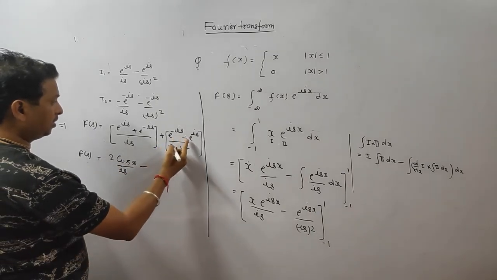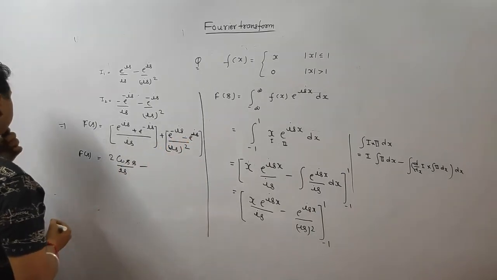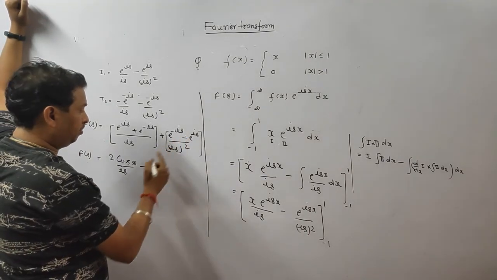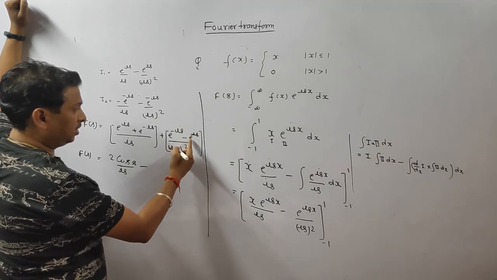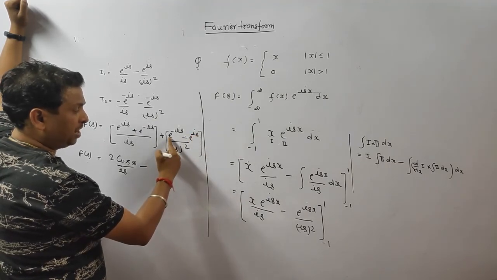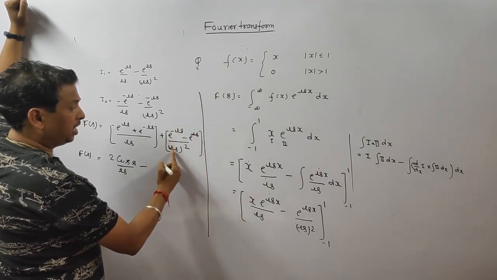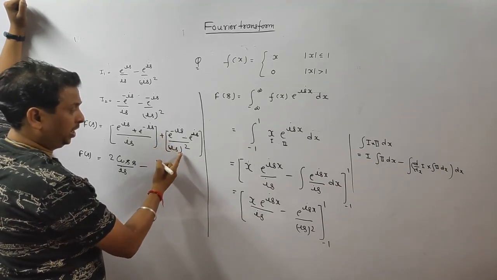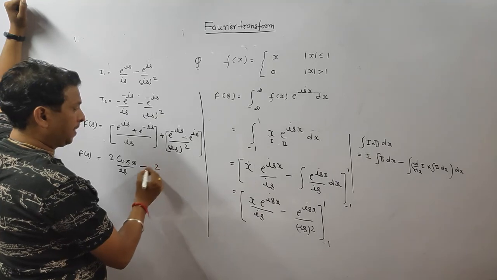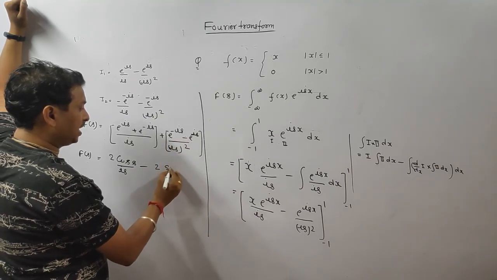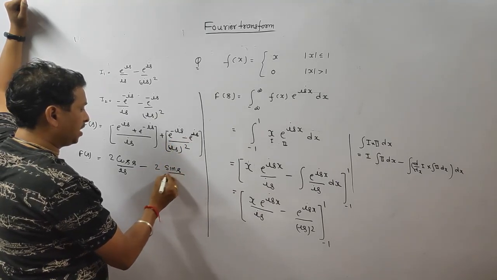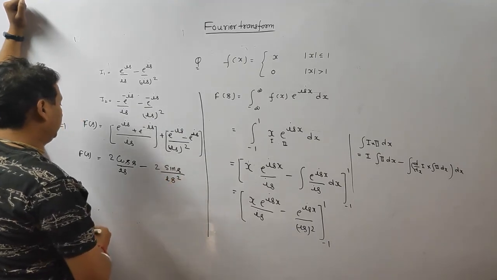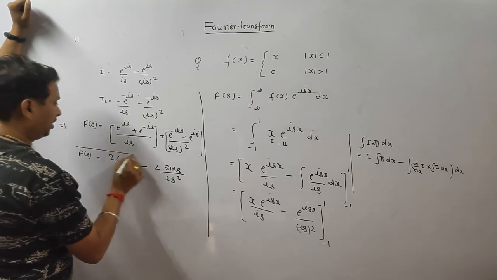This is e to the power iota s minus e to the power minus iota s upon 2 iota. So 2 is required, 2 multiplied, 2 here. So 2 sin s upon iota s square. This is your F(s) value.